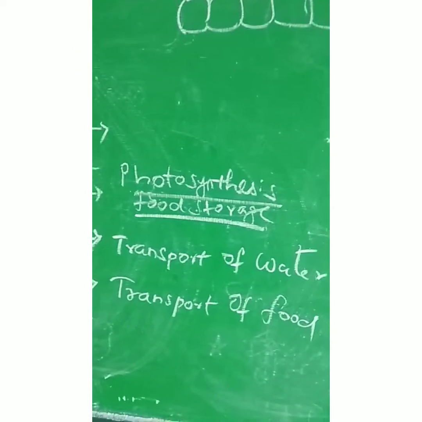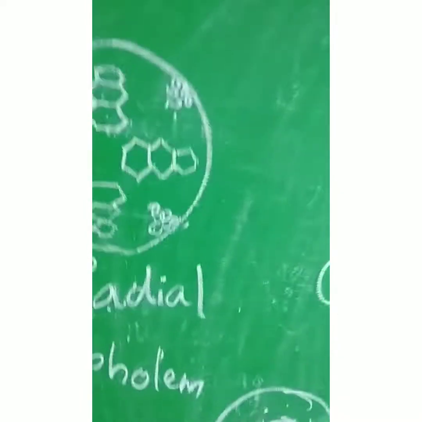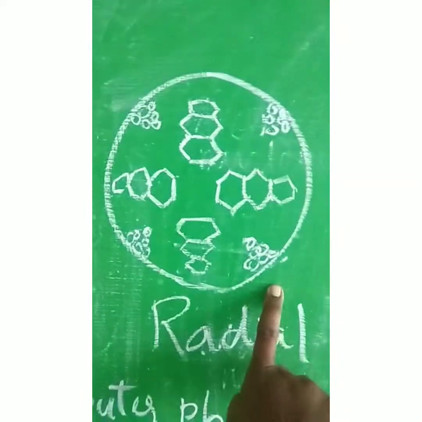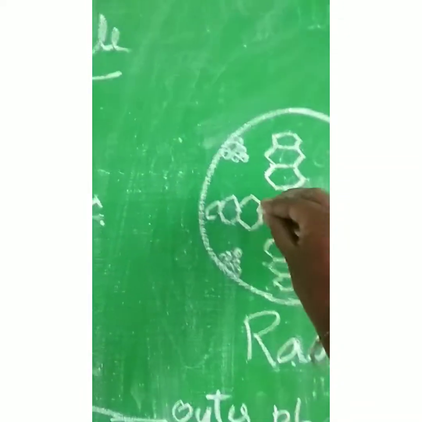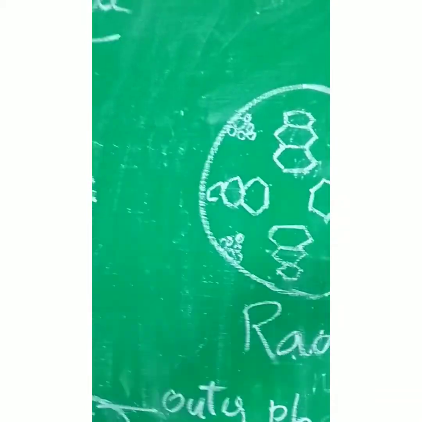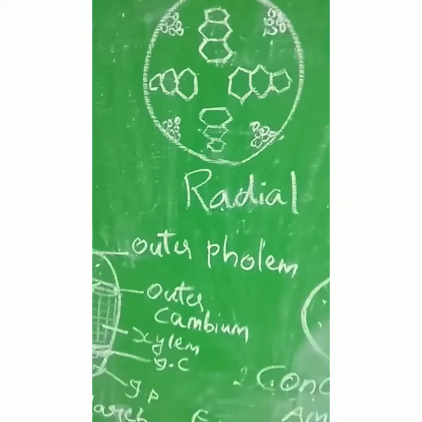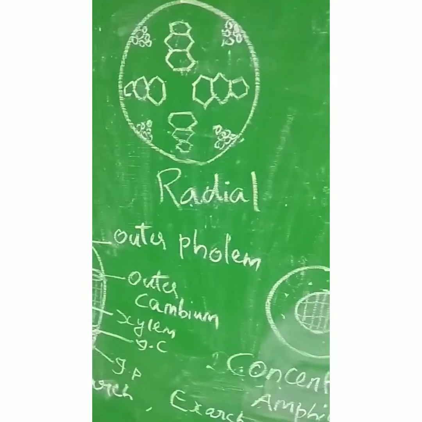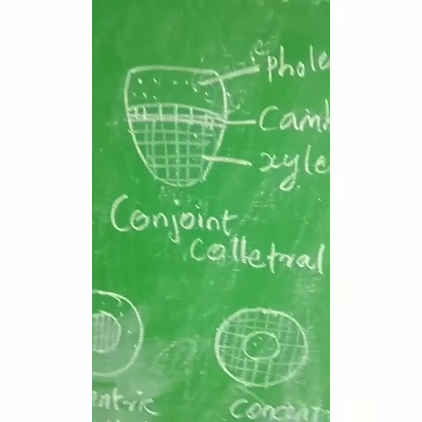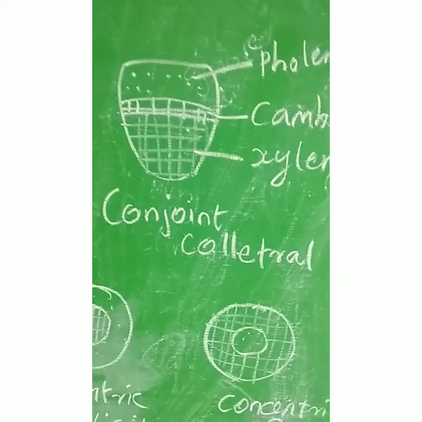So next we go to the different types of xylem and phloem arrangement, the vascular bundle arrangement. First we see the radial arrangement. What is radial arrangement? When the xylem and phloem are arranged in an alternate manner, it is called radial arrangement. Next we see the conjoint collateral type.